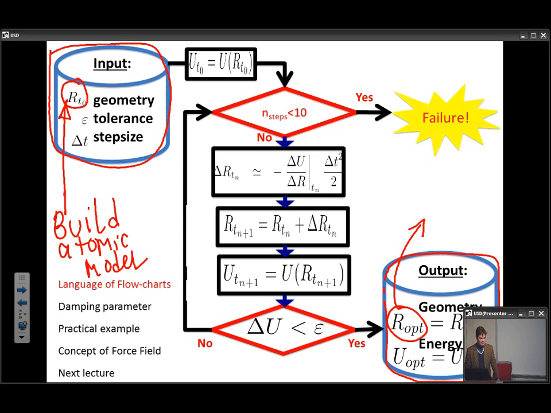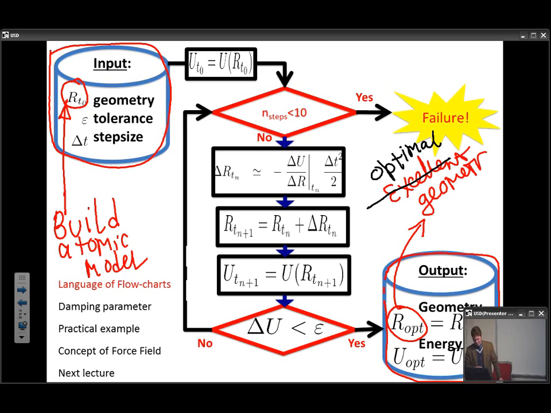As an output, we are obtaining geometry that is supposed to be perfect, is supposed to represent the real world. Excellent geometry. Or maybe excellent is not humble enough, we will say optimal. So it is what comes in and what we are taking out.